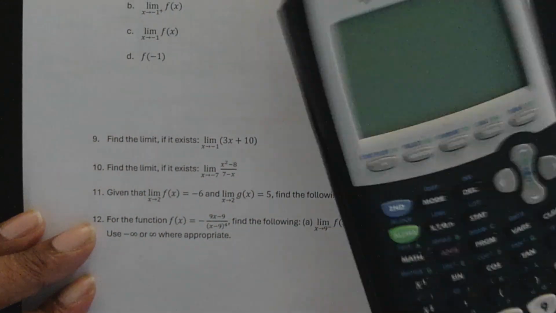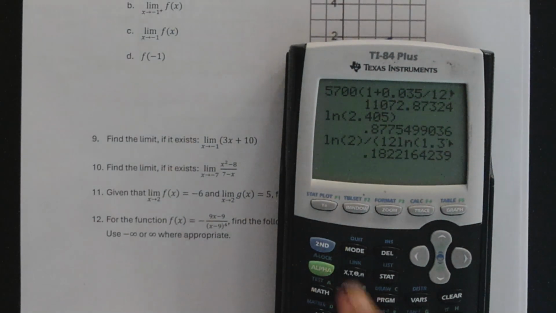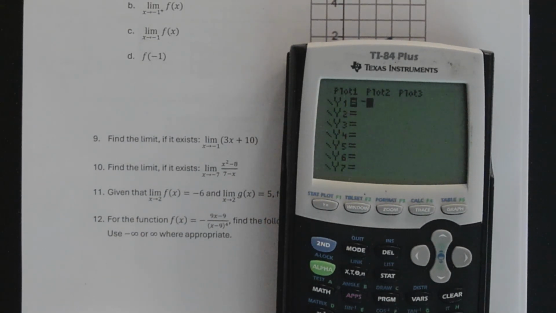Sometimes it does help to use the graphing calculator just to get a visual representation of this. And here I'm going to go under y equal to, and under y1, I'm going to type in the negative key. And I'm going to put that 9x minus 9 in parentheses.